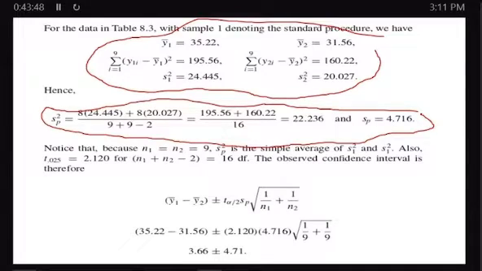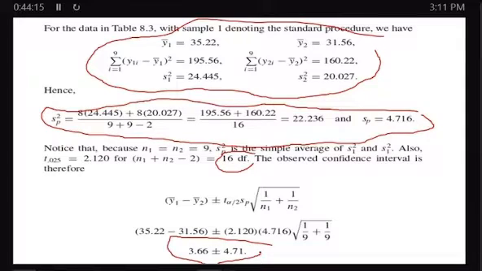And don't forget, we need to get the degrees of freedom, which is the sample size N1 plus N2 minus 2. That gives us 16. Then don't forget, you're going to go to the table and check. By the time you plug all of that in, this is what I got. Is there anyone who has trouble understanding how the computation is done? Is there anyone?